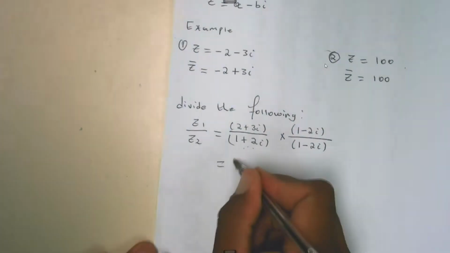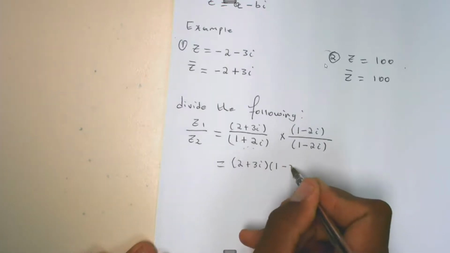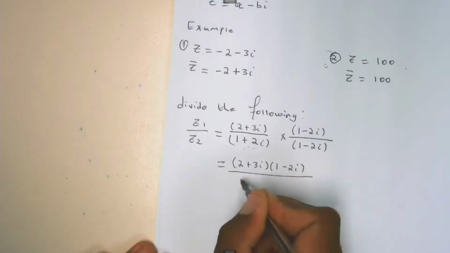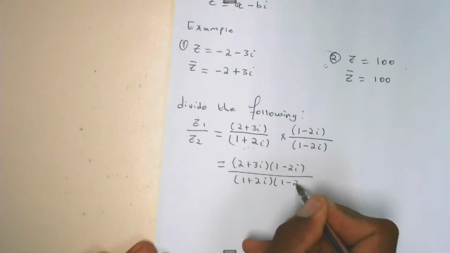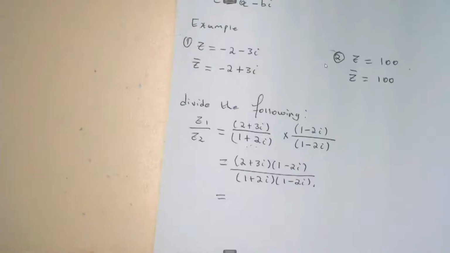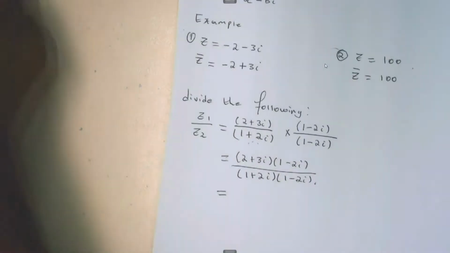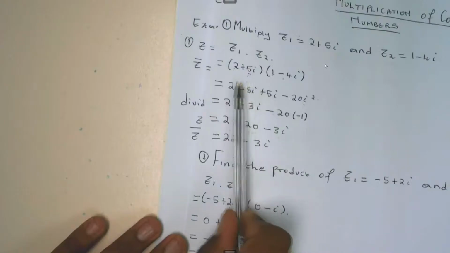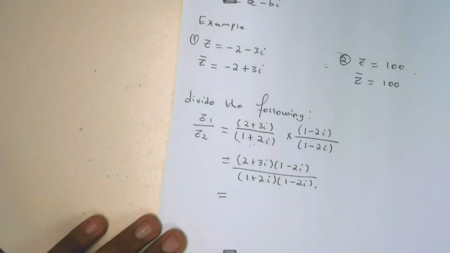So we're going to have 2 plus 3i times 1 minus 2i, all over 1 plus 2i times 1 minus 2i. Now, I don't know if you can realize this, but in the numerator there, we have the multiplication of complex numbers. And again, on the denominator, we have the multiplication of complex numbers.